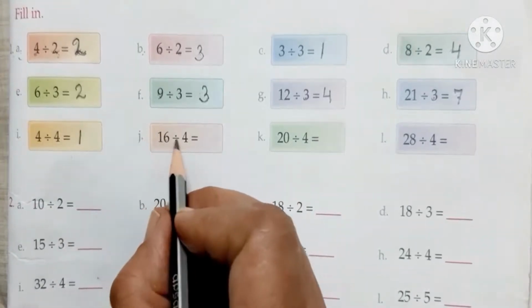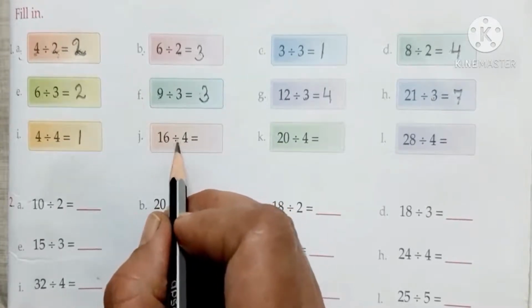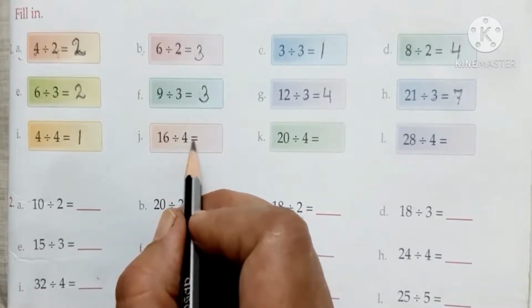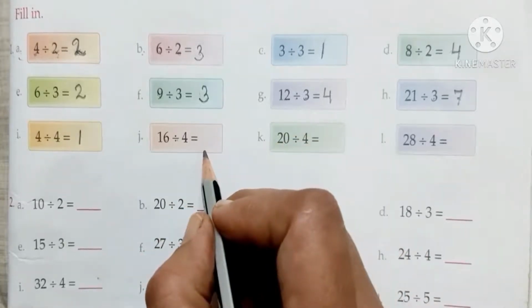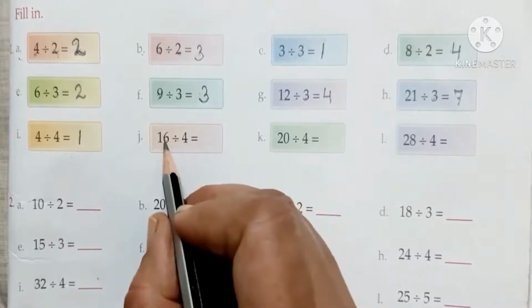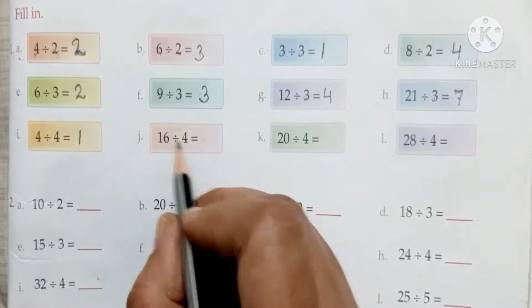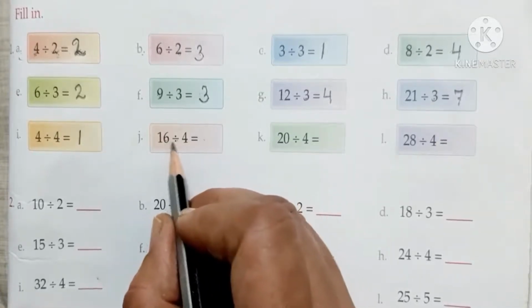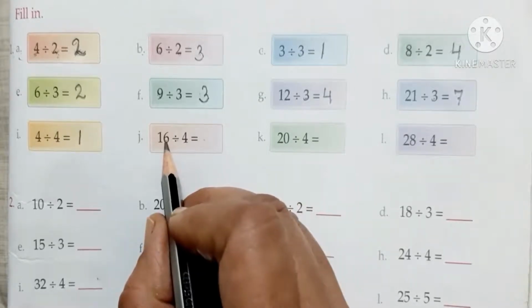J. 16 divided by 4. Recite here multiplication tables of 4. Find out how many times 4 goes in 16. 4 1 is 4. 4 2s are 8. 4 3s are 12. 4 4s are 16.